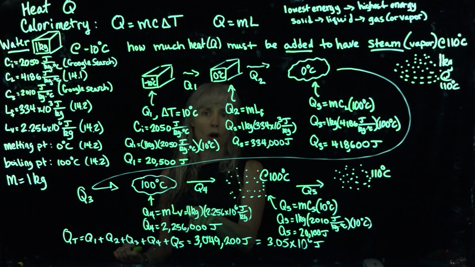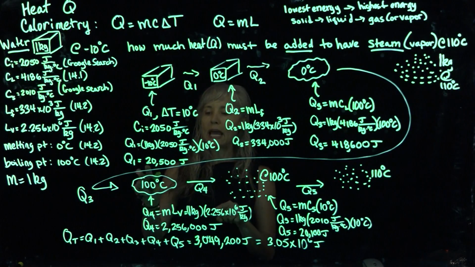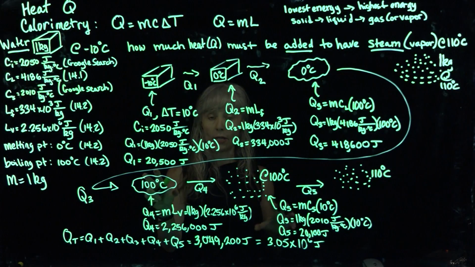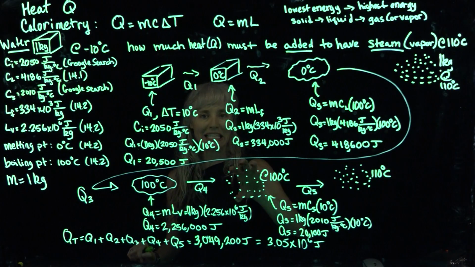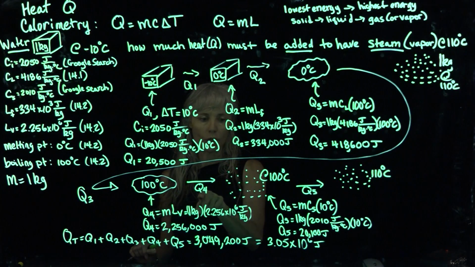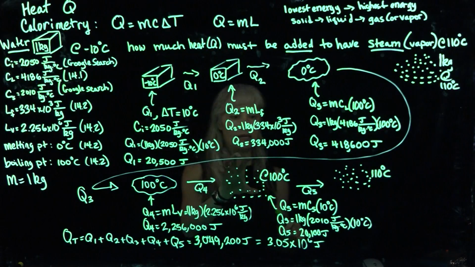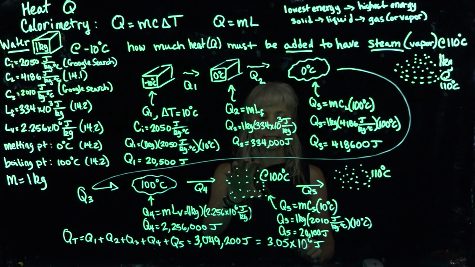So I want to change all the mass, that's 1 kilogram, times 2.256 times 10 to the 6 joules per kilogram. Kilograms cancels, and the amount of heat energy that I add, 2,256,000 joules, will take this puddle of water at 100 degrees Celsius to steam at 100 degrees Celsius. So when Q4 is added, now I have steam at 100 degrees Celsius.